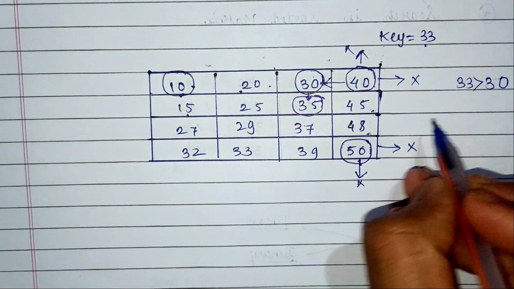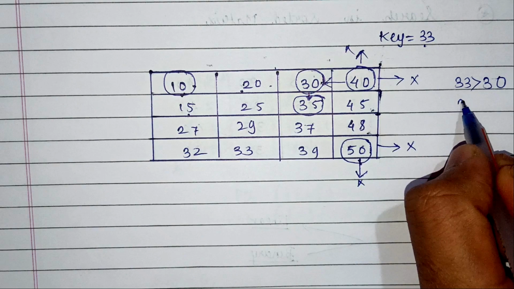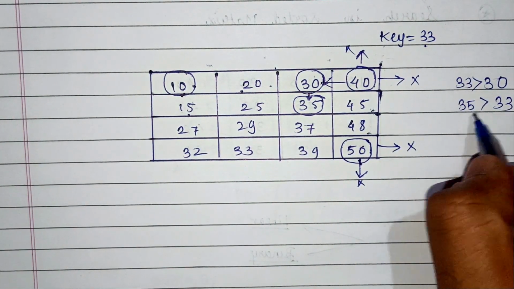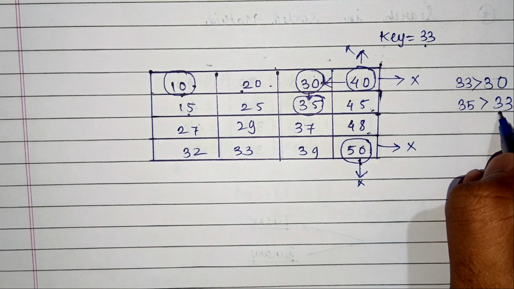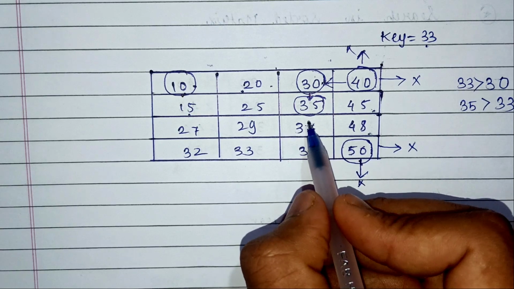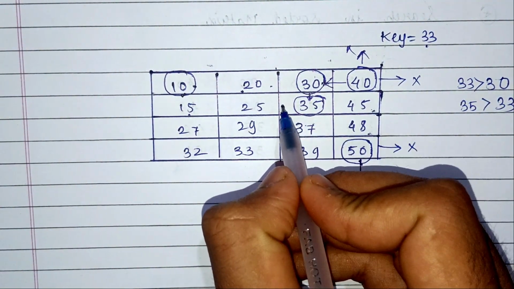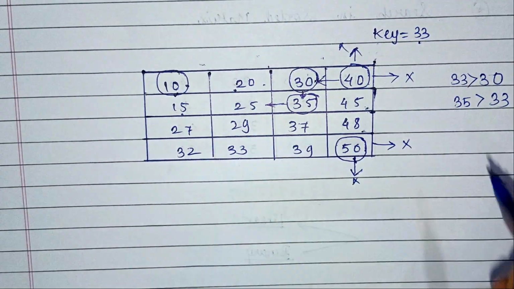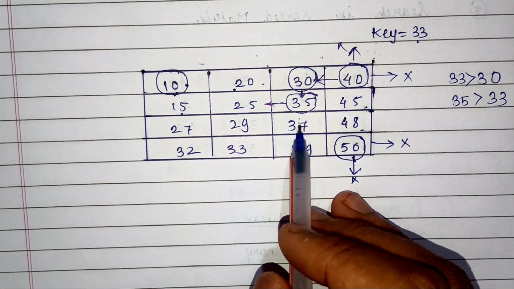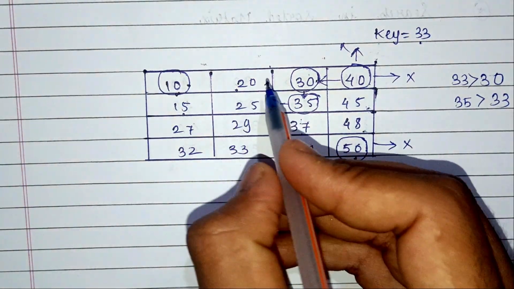Then again 35 will be compared with our key. It is greater than our key, so we have to move left side again, because the elements are bigger in the downside. So we have to move left side.